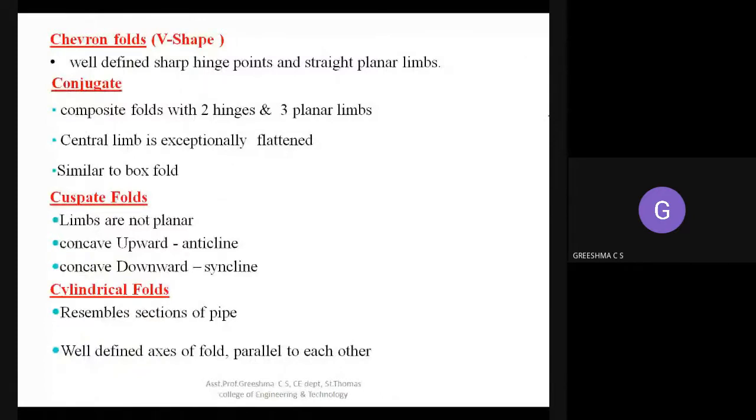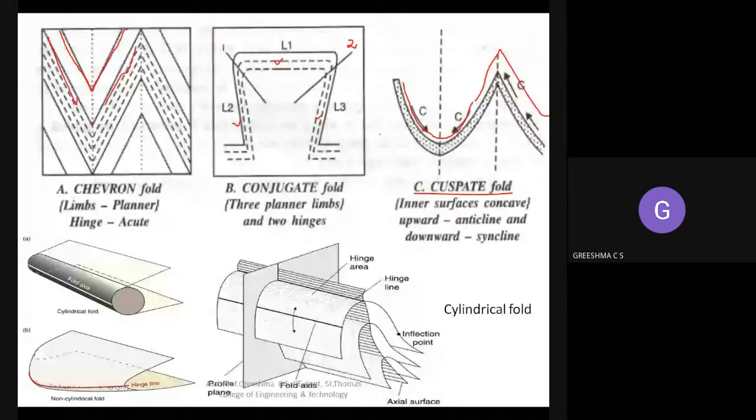Next one is cylindrical folds. From the name itself we can understand it is related to a cylinder, so it has the shape of a pipe. The fold has a pipe shape and a well-defined fold axis, with axes parallel to each other. See this, this is a cylindrical fold.